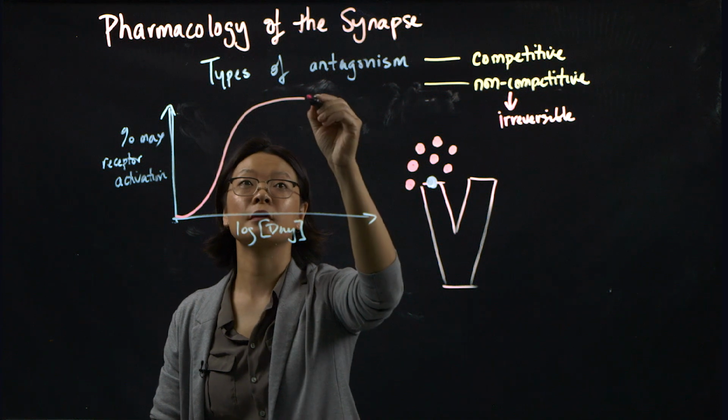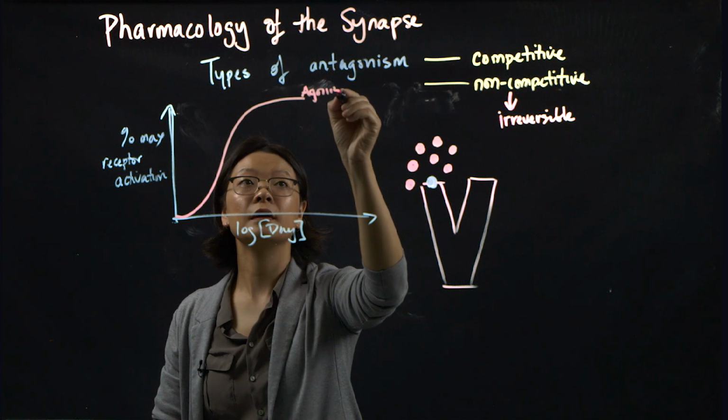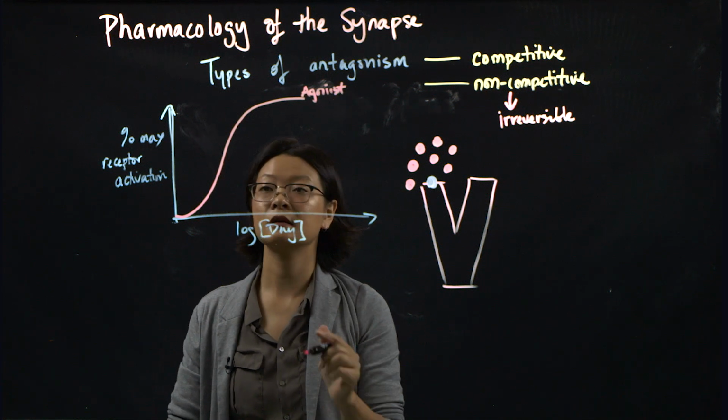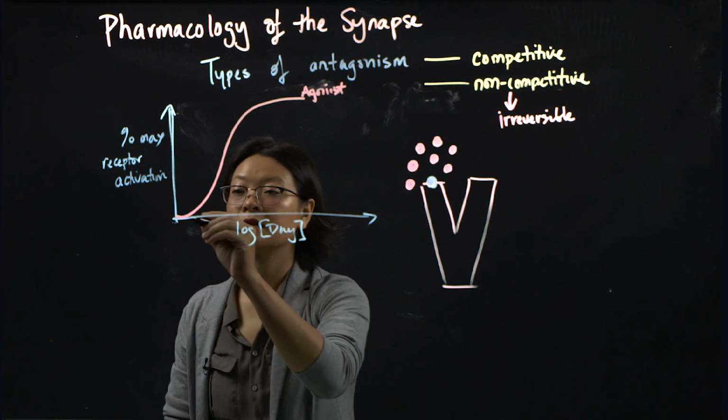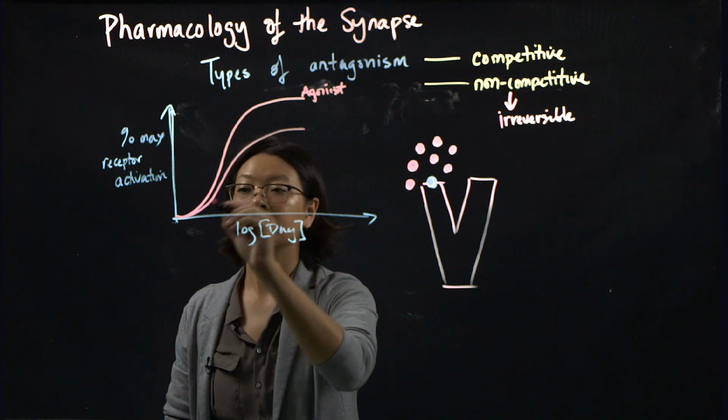So how does this look? So this is your agonist without antagonist. And as you add increasing concentrations of antagonist, your agonist curve will look like this.